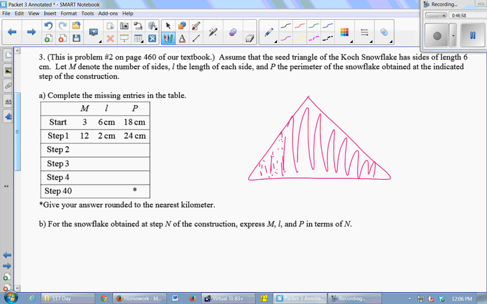All right, and then for step 1, I'm going to draw it to help me figure this out. So I got to break each side into thirds and then put an equilateral triangle on the middle third.